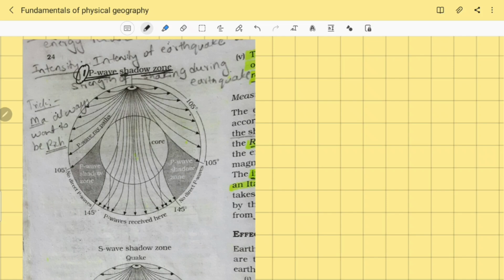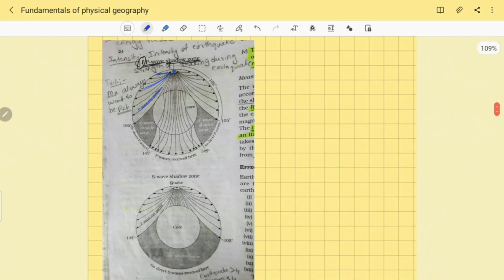This is the point from where the energy started to release, and it travels. Just see the difference: this is the secondary waves. In primary waves it reaches the opposite end as well, but in secondary waves it starts here and stops at 105 degrees.